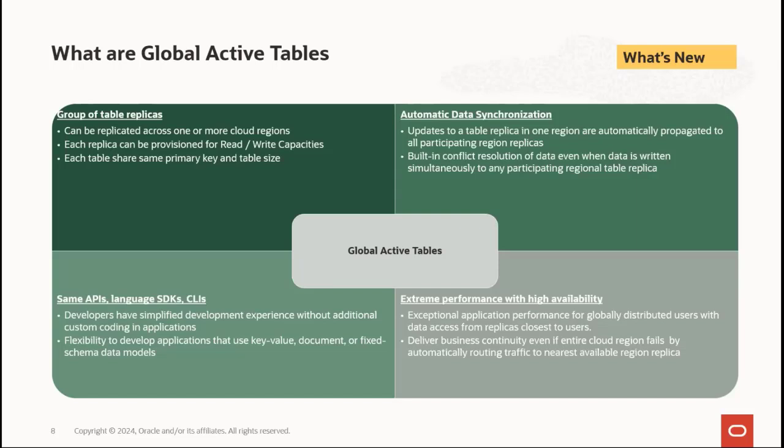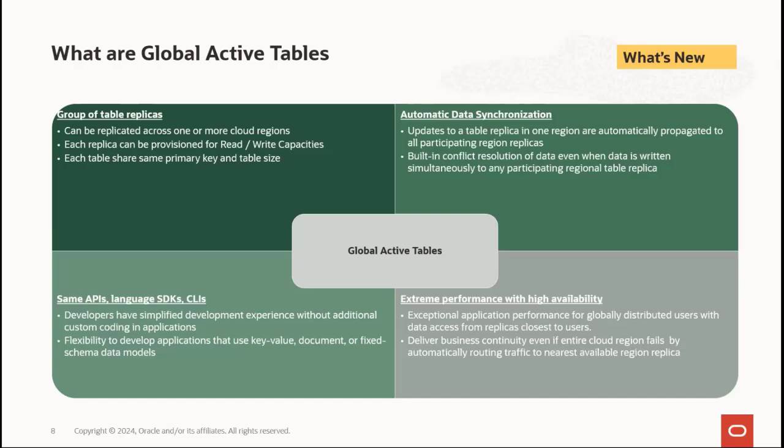The data is automatically propagated. We have built-in conflict resolution. So if it happens that 2 different regions try to update the same piece of data at exactly the same point in time, we will deal with that particular conflict.